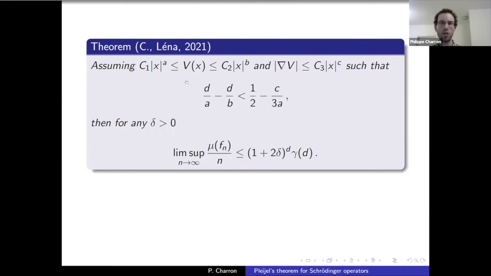But the condition that we get here, I'm going to keep it like this just for a minute, just to say that basically when a and b are close, this goes to 0. So basically c over 3a is smaller than 1/2.